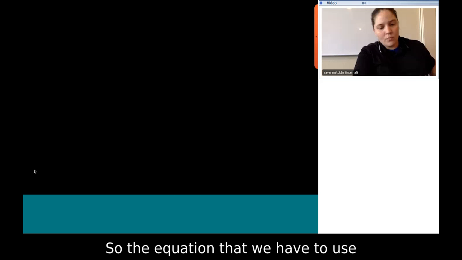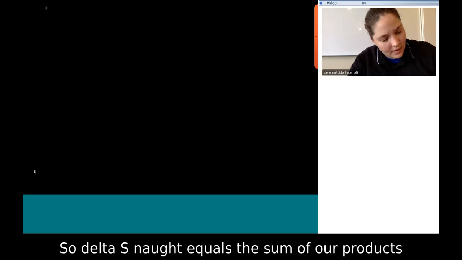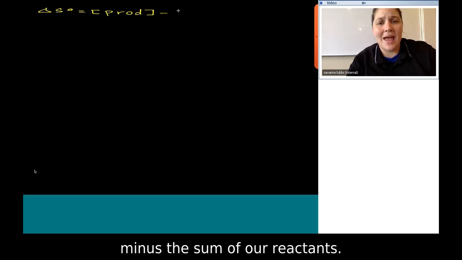All right, so the equation that we have to use is delta S naught equals the sum of our products minus the sum of our reactants.